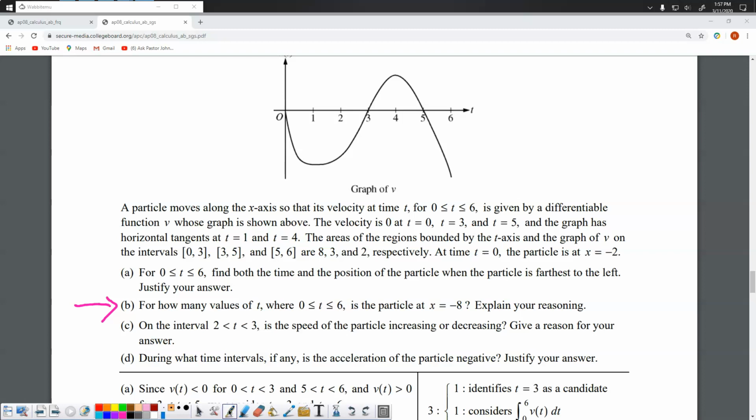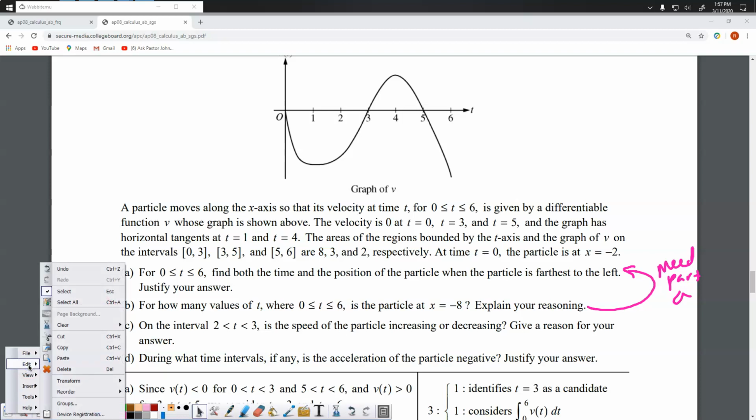What's going to come in handy here is that you need your answer for part A to answer this question. But I'll tell you this much: it's an intermediate value theorem question. So I'll refresh your minds on what that means.